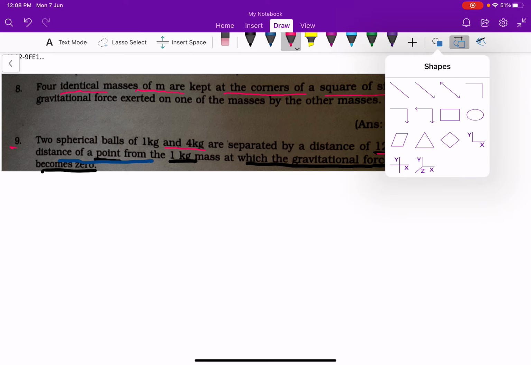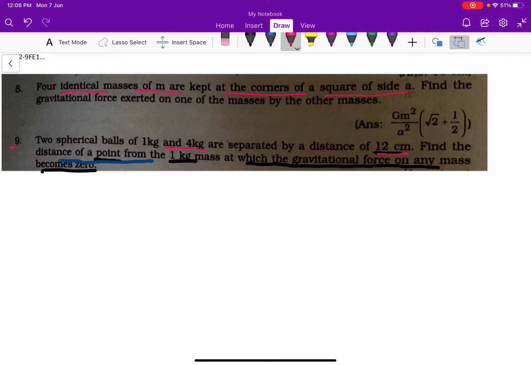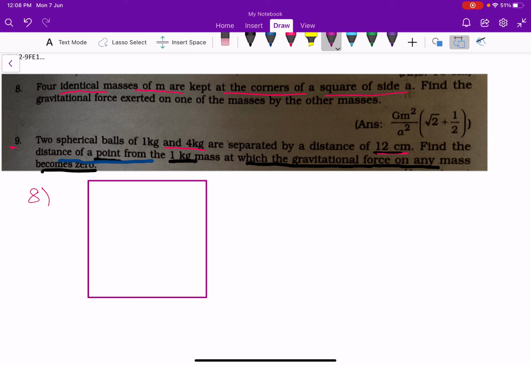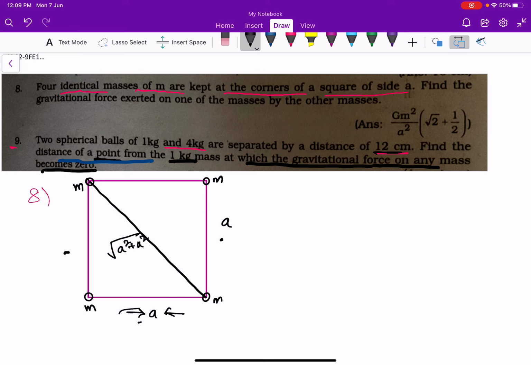So here I'm drawing a square. I'm keeping M here, M here, M here, and M here, and each side is A, and this is also A. If this is A and this is A, this length would be under root of A square plus A square from Pythagoras rule.